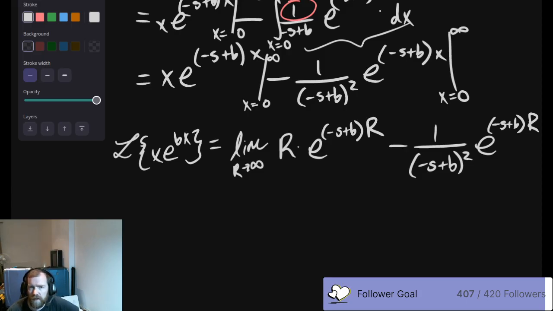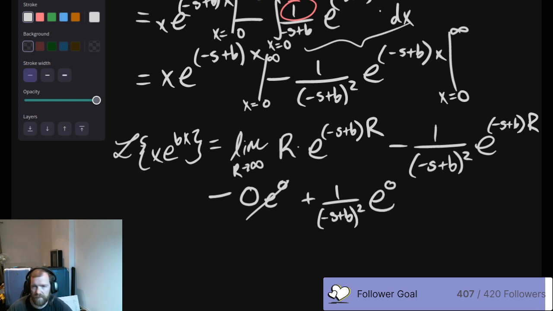And then this is going to be minus 0 times e to the 0. So that's a nice, easy 1 times 0. There we go. 0 overall. It looks like 0 over 0. That's fine. We'll deal with it later. And then plus 1 over negative s plus b parentheses squared times e to the 0.